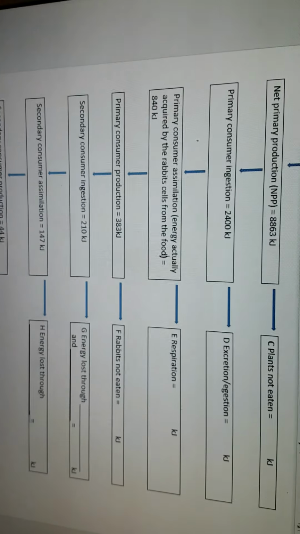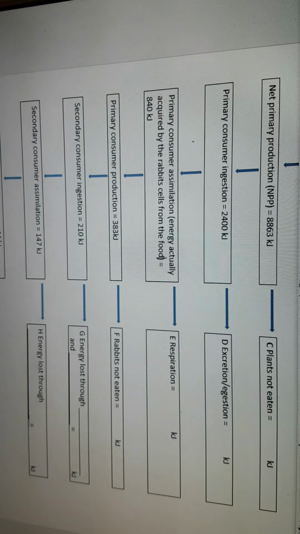Let's move on down. Just because the rabbits eat parts of the plant containing potentially that much energy doesn't mean that all that energy reaches the rabbits' cells. As we mentioned before, plant food is actually notoriously hard to digest.